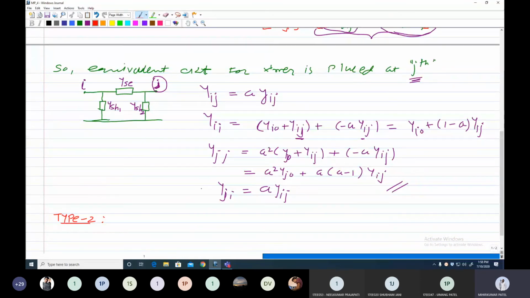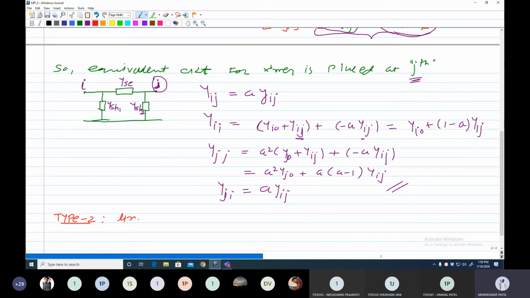So here the line model is placed at the right side of the regulating transformer.